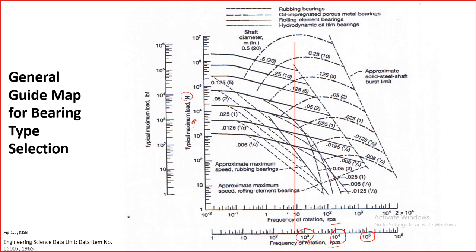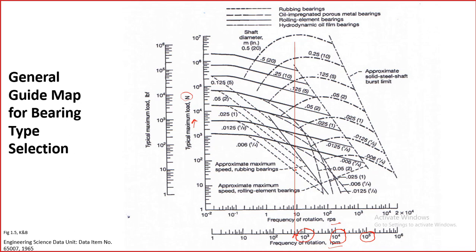So for example, if we say that we fix the speed at this range of RPM and increase the load requirements for the bearing, then we can see how it will go from one type of bearing to another.